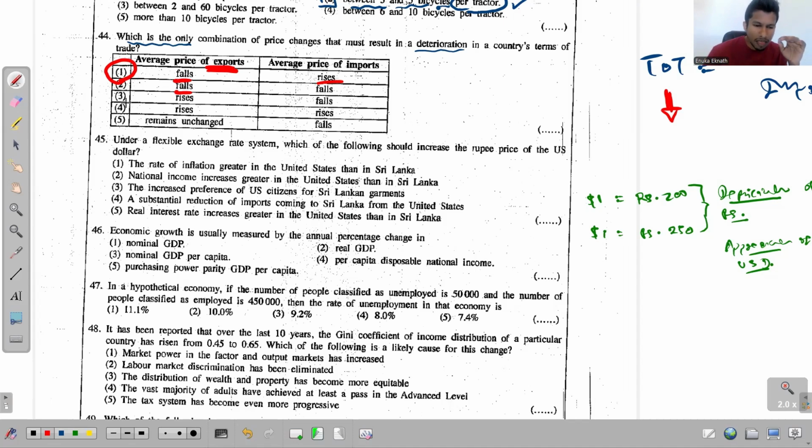Just think about a bank FD. People in Sri Lanka will withdraw their rupees, convert them into USD, and deposit that money in American banks. Why? Because now they receive a higher interest for those deposits.